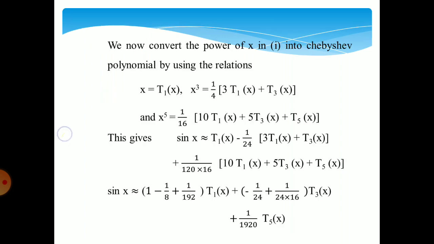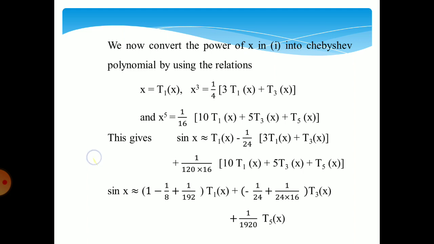And we have x is equal to t1x, x cube is equal to 1 by 4 (3 t1x plus t3x), and x raised to 5 is equal to 1 by 16 (10 times t1x plus 5 times t3x plus t5x). Now put these values in this truncated series 1 and simplify.